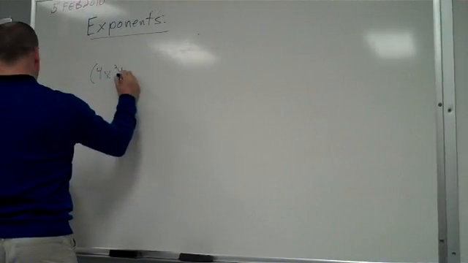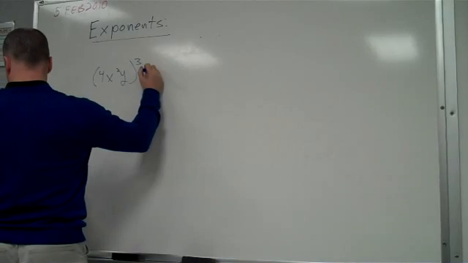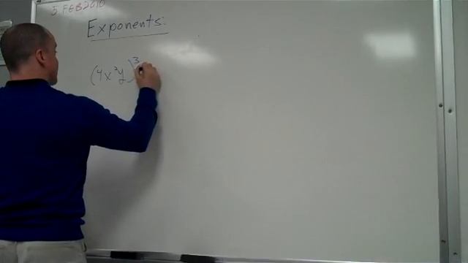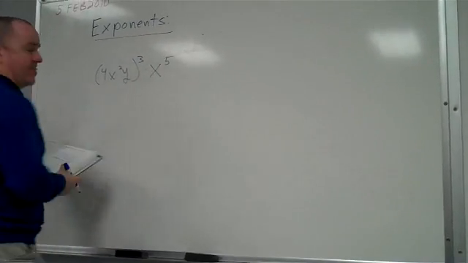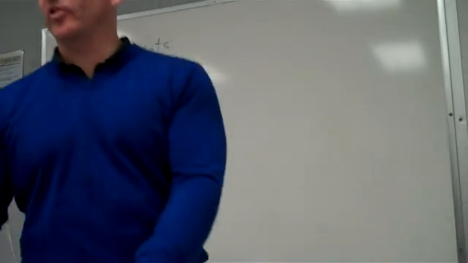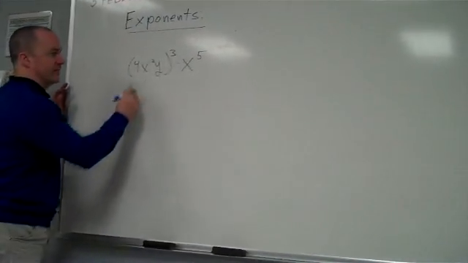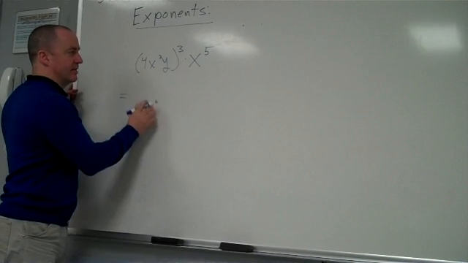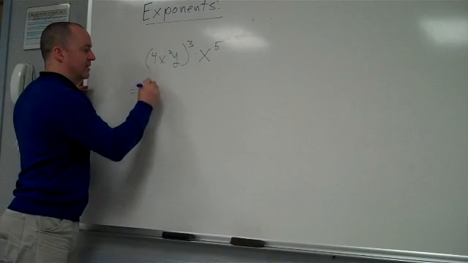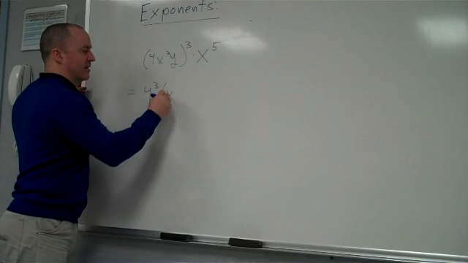4x squared y, whole thing to the 3rd power, times x to the 5th. Jenny, first move. Your first move is going to be distributing the exponent to the 4, the x, and the y.